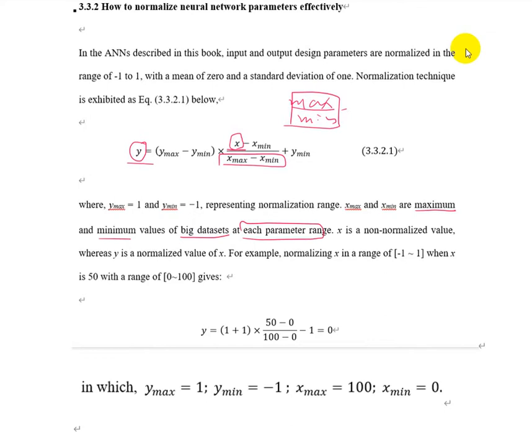For example, if you have B and D and epsilon, you're going to have all the maximum and minimum values, and they go in the denominator.